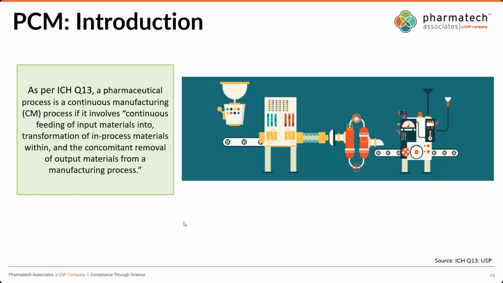But it is also important to acknowledge that the guideline also states that the process must have a minimum of 2 connected unit operations featuring the flow of material from one operation to another. So for manufacturing of a simple API to be considered continuous, it could feature continuous feeding of reagents that will undergo reaction in a reactor, followed by a quenching, separation, or any downstream step. So we'll talk a little bit more about these unit operations.